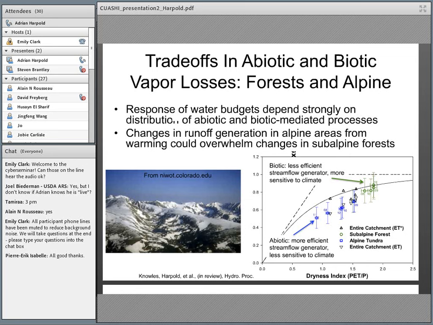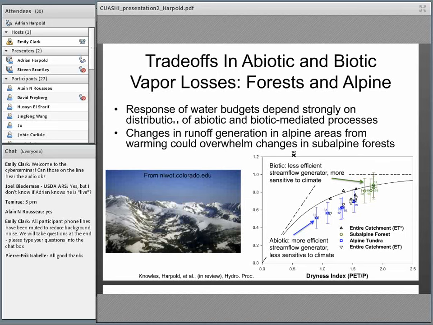So going back to our Budyko curve, we can see that the blue dots, or the alpine tundra, are falling below our Budyko line, generating streamflow much more efficiently than the green dots, which are on the Budyko line. And so small changes in our abiotic dominated system, the alpine tundra, could have large impacts for water budgets.